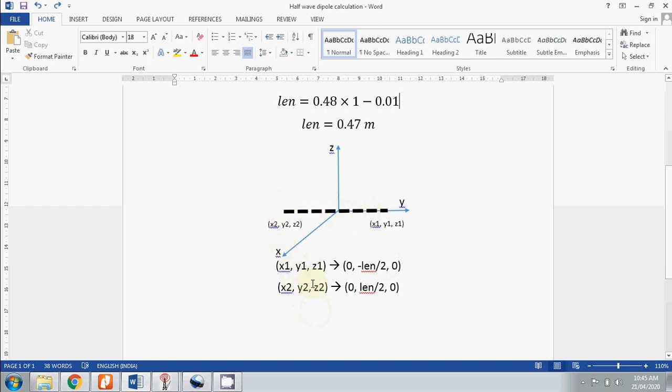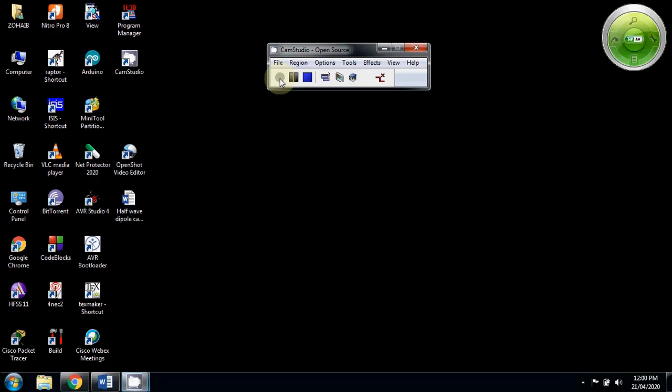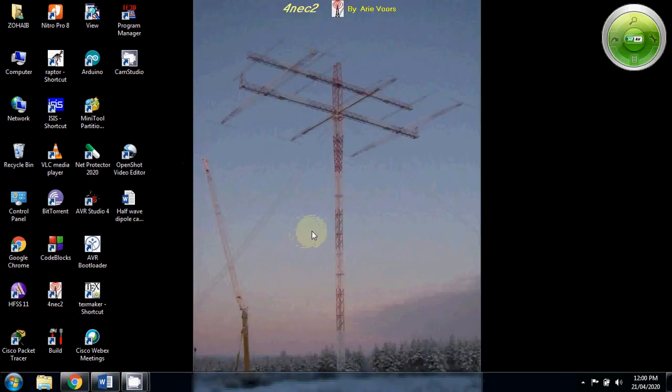We can do this both ways. We can keep plus length by 2 here and minus length by 2 on the other side, or we can take minus length by 2 here and plus length by 2 on the other. According to the diagram that I have made, it should be this way: X1, Y1, Z1 should be at the positive end and X2, Y2, Z2 should be at the negative end. Okay, let us jump directly to the 4NEC2 tool.